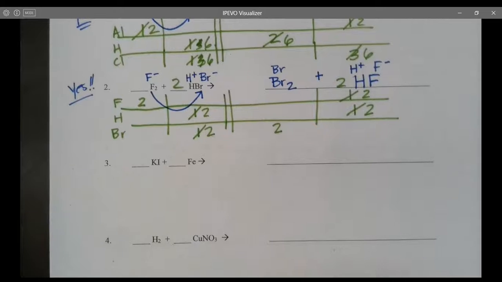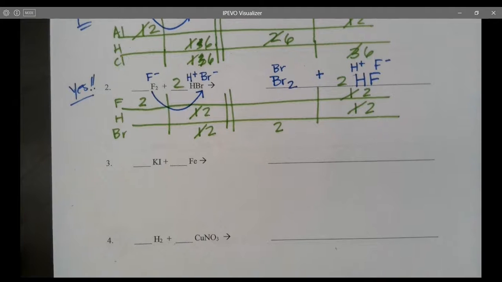Okay, let's look at number 3. K I plus Fe, iron. And so here we want to look at, is iron capable of kicking somebody out? Okay, so again, we're going to go through this problem, and we're going to look at charges.